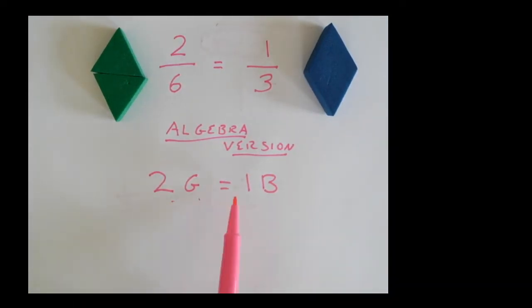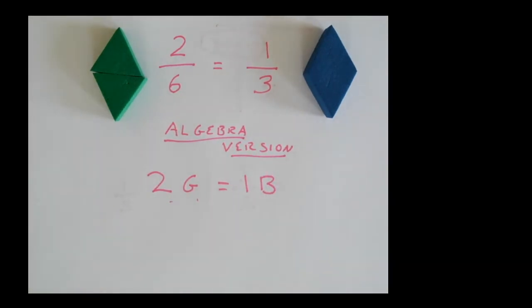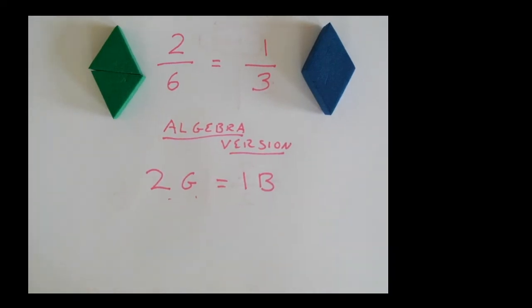See, we're saying 2 greens is equal to 1 blue. I'm not sure how much your teachers have been doing algebra with you. Maybe a lot, maybe none. But it's kind of a class we do at the high school. So I'm giving you guys some extra stuff on this to get you ready for the high school. The algebra version: 2 greens equals 1 blue.